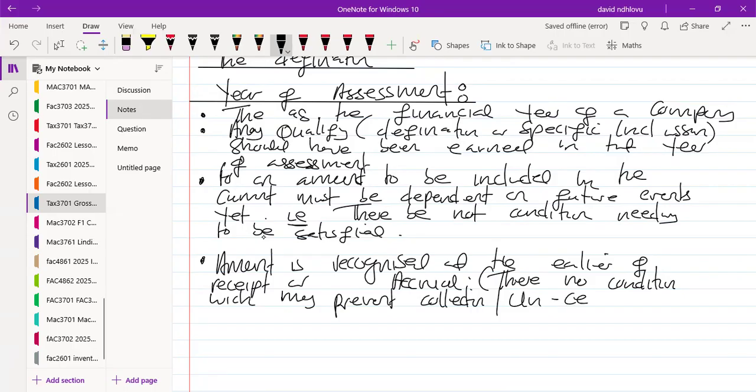There is no future event that needs to be satisfied. We are very clear the amount is owed. There is no condition or uncertainty preventing the collection of the amount.